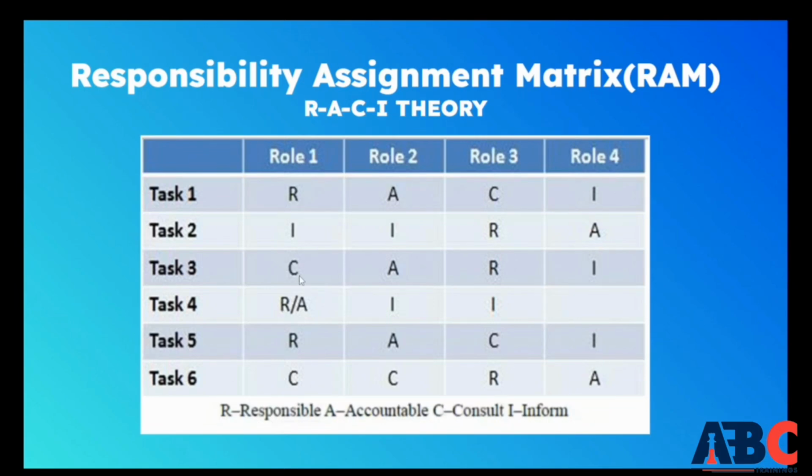Then in task 3, role 2 will be accountable, role 3 will be responsible and role 4 will be informed. This is how the responsibility assignment matrix works. After every task, your resources take different roles, or roles change in every task. Someone who is the responsible person in one task changes in another. In this way, your responsibility assignment matrix works.